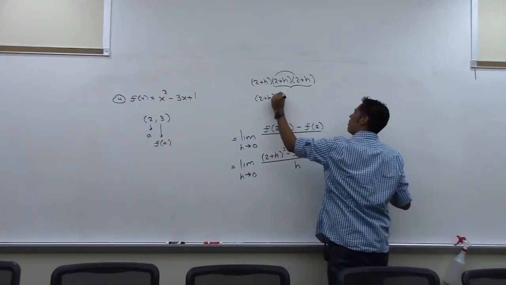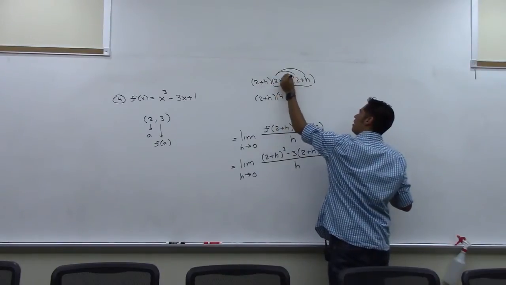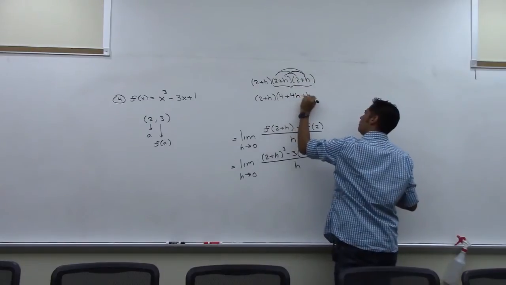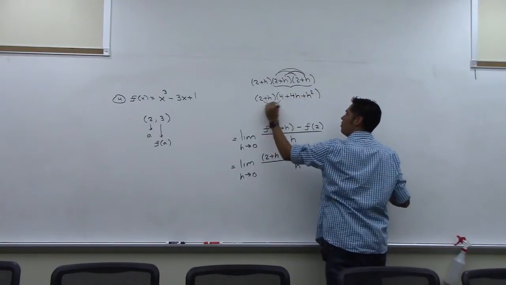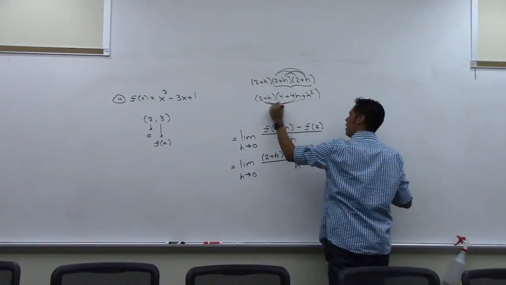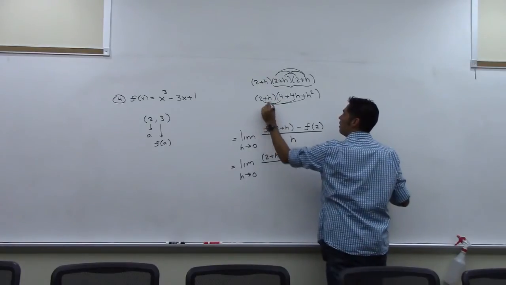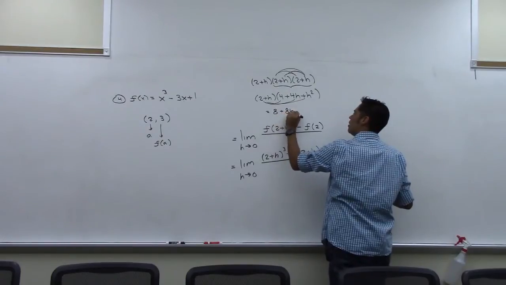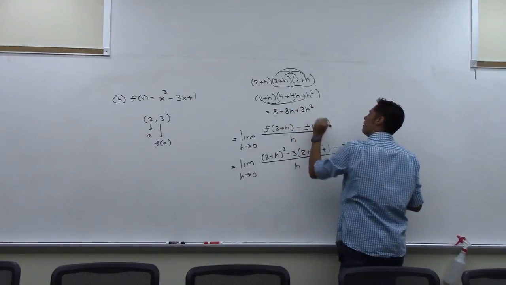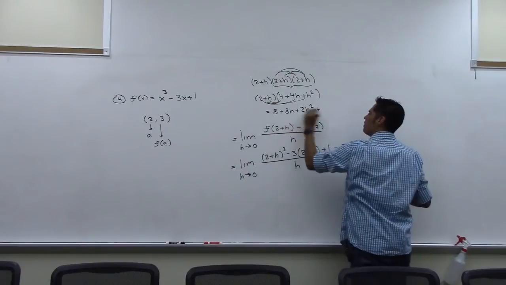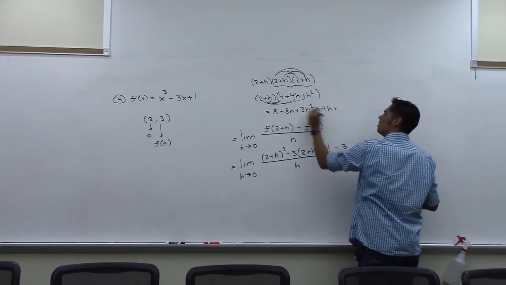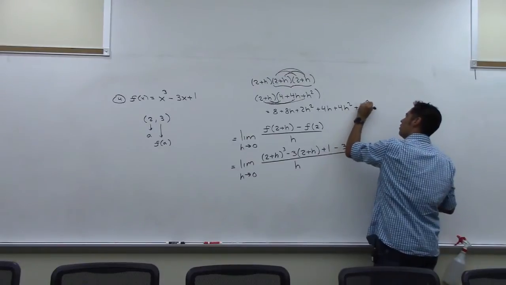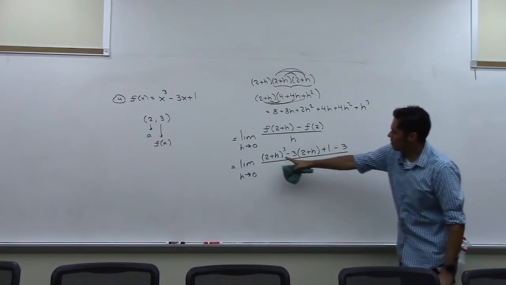So I get 4 plus 2h, plus 2h, plus h squared. And then I multiply 2 through these, and then I multiply h through. So when I do 2 through there, I get 8 plus 8h plus 2h squared, plus here to here 4h, plus here to here 4h squared, plus h cubed. And that's just going to be this top left corner.